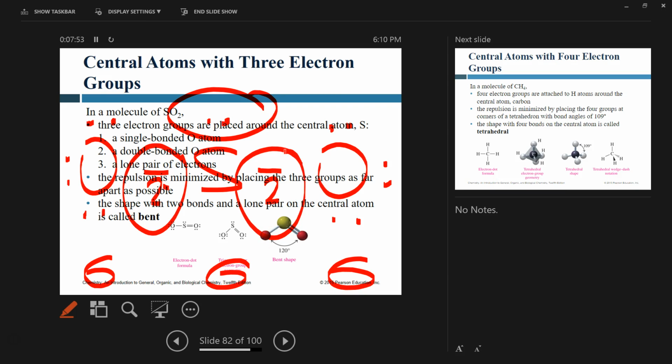So what do we need to do to make an octet at the sulfur? Add 2 more. We can't just add 2 more. What do we do? We share. We take 2 electrons that belong strictly to oxygen and move them as the double bond. Does that make sense?